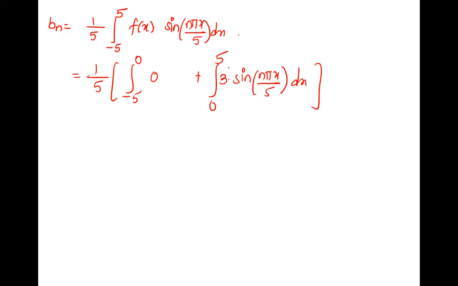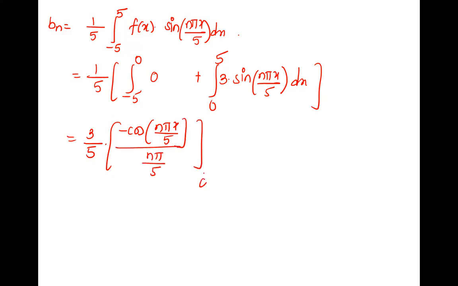This is 0 and this 3 comes out. 3 by 5. Integration of sine is minus cos, so minus cos n pi x by 5 upon n pi by 5. And I'm expecting the answer now from you. Okay, please solve and tell me the answer.